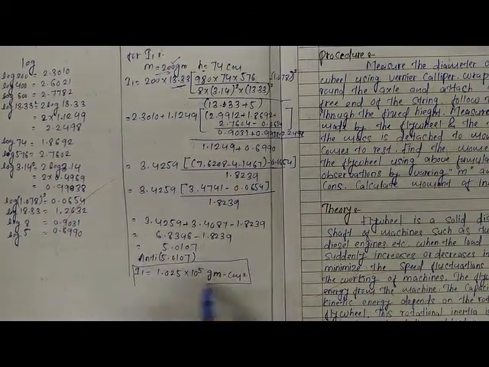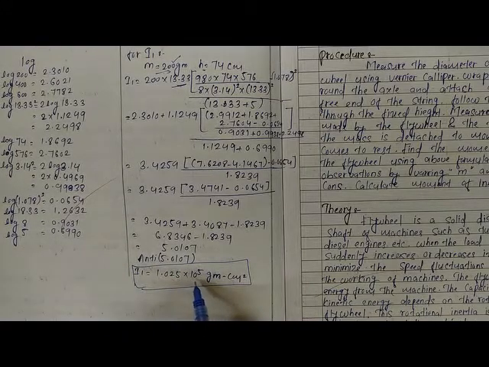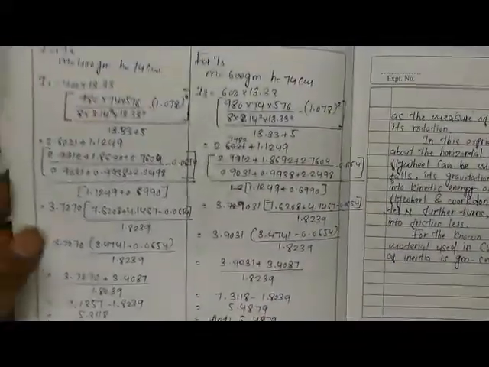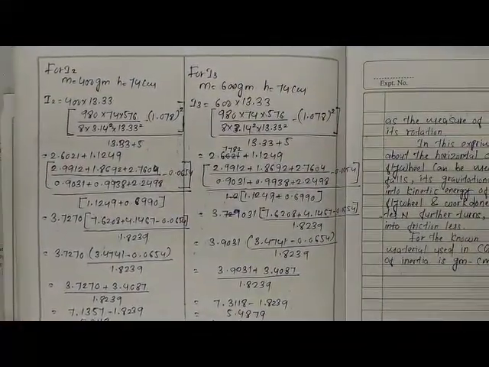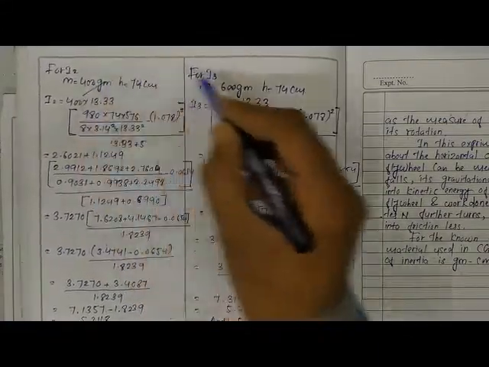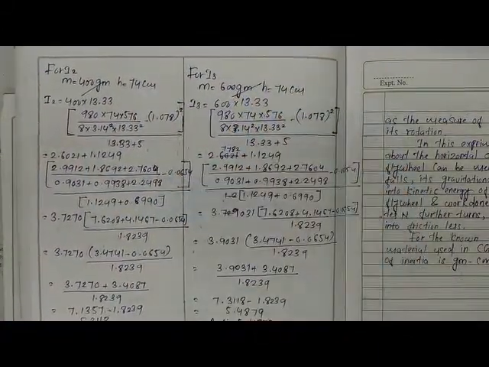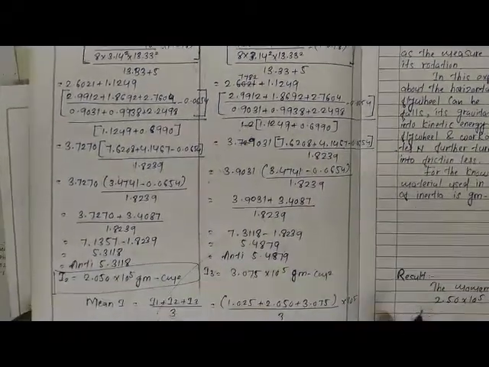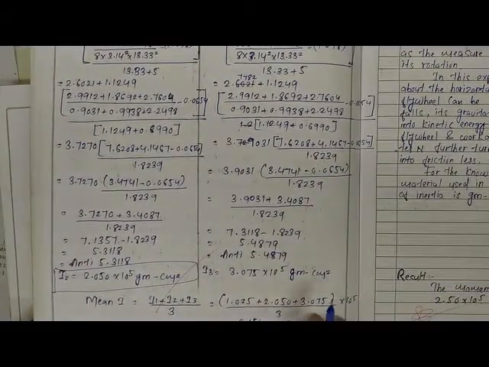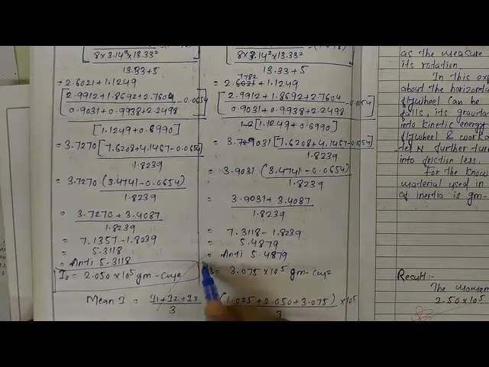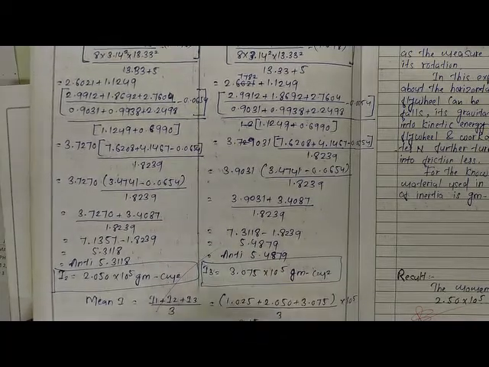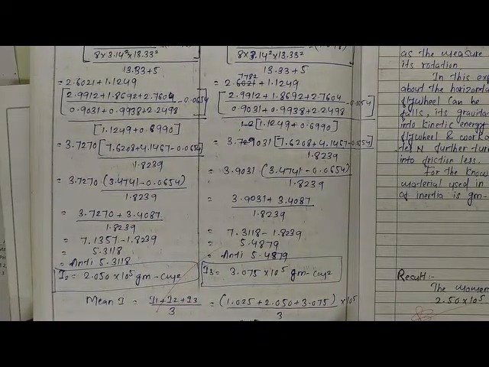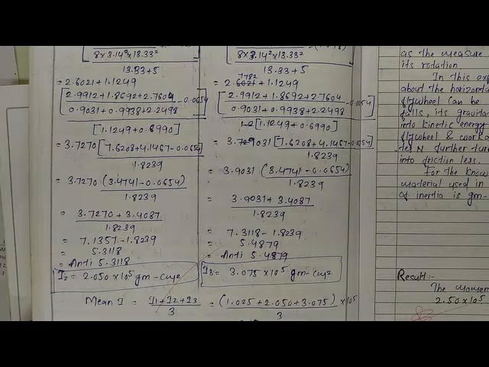Corresponding to 200 gram we got 1.025 into 10 raised to 5 gram centimeter square. Similarly, by substituting all values for the remaining masses 400 and 600, we get I2 as 2.050 into 10 raised to 5 gram centimeter square, and I3, corresponding to 600 gram mass, as 3.075 into 10 raised to 5 gram centimeter square.